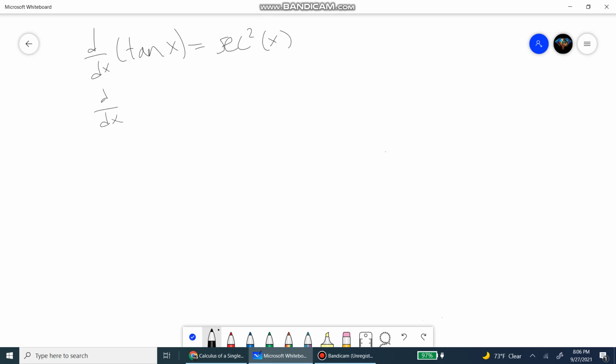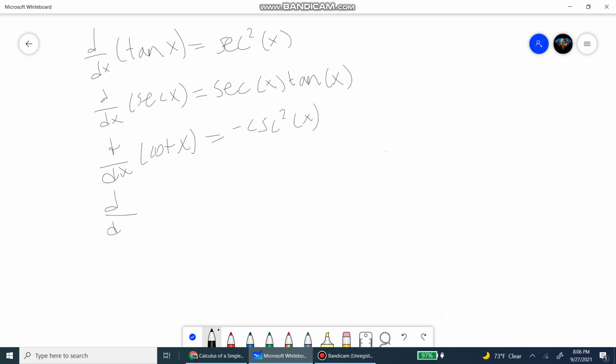The derivative of secant x is secant x tangent x. The derivative of cotangent x is negative cosecant squared x. And the derivative of cosecant x is negative cosecant x cotangent x.